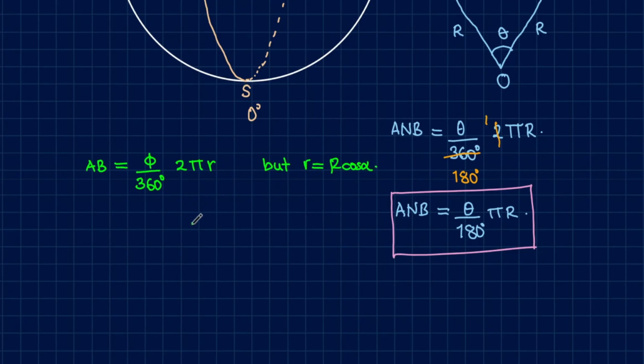Now, what we have to do here, we know our phi is a straight line that is 180 degrees. So we can make a substitution of that angle, and we have 180 degrees divided by 360 degrees, times twice pi, and replacing small r with capital R, we'll have R cosine of angle alpha.